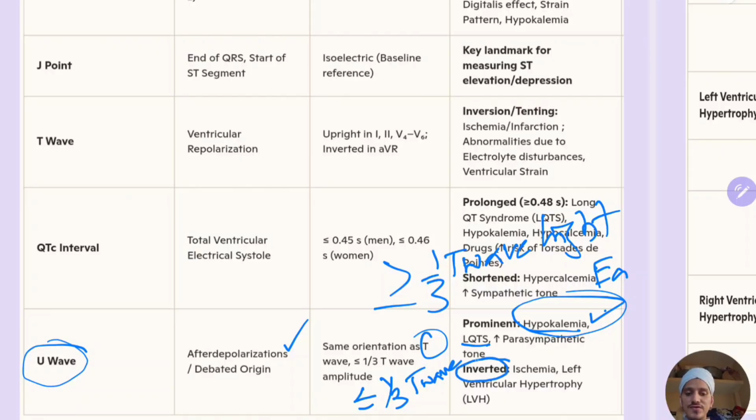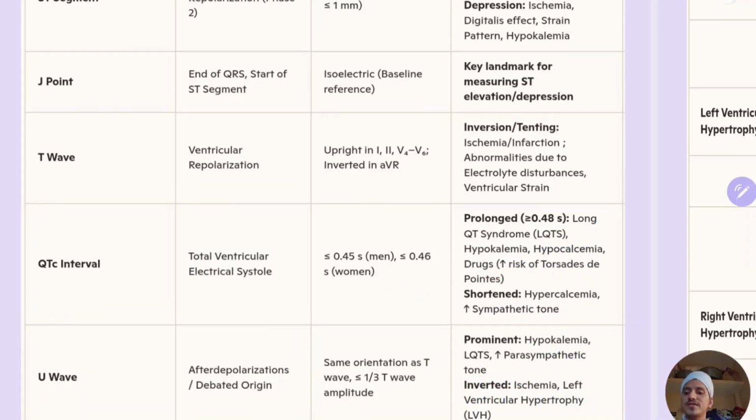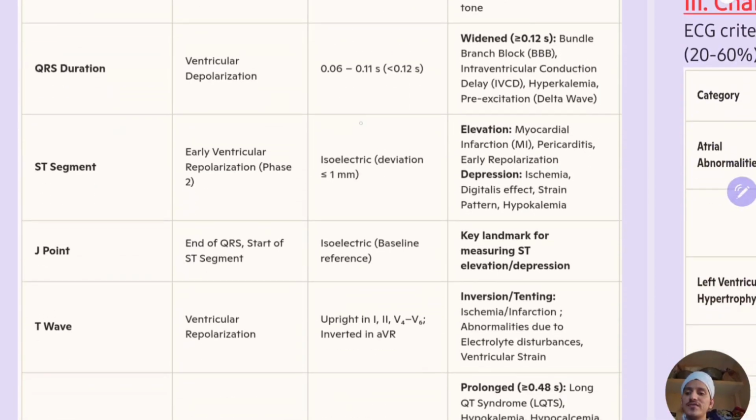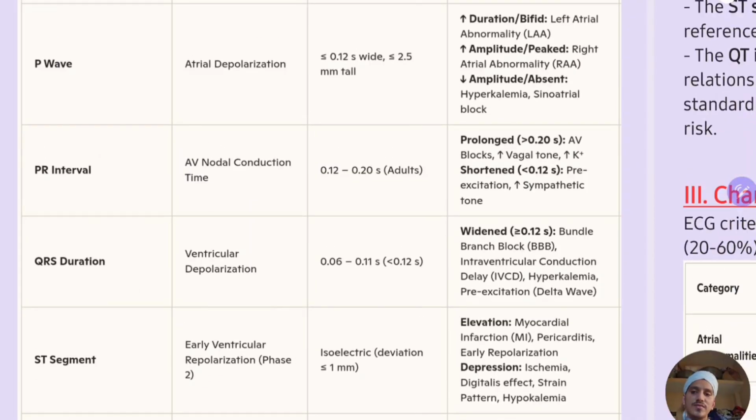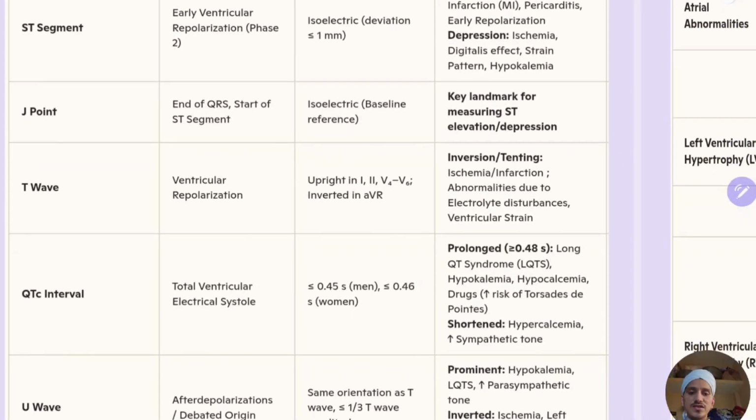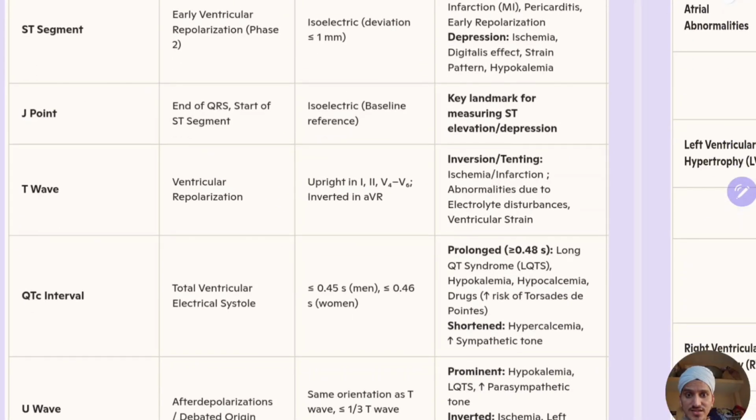Inverted U waves you will see in ischemia and left ventricular hypertrophy. Ischemia and left ventricular hypertrophy, you will also have inverted T waves. So that's all about it. T waves we have discussed.